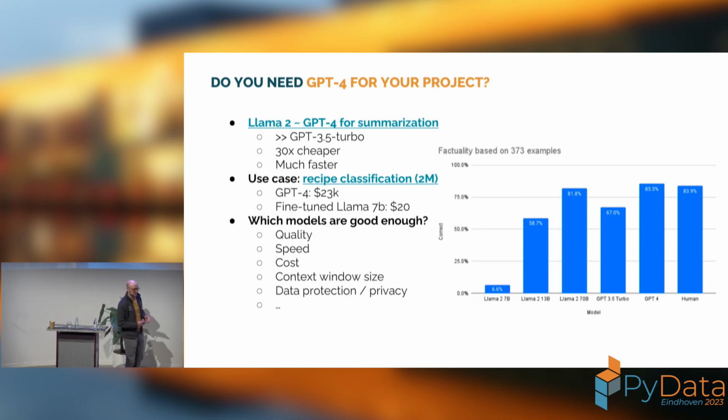It's also better than 3.5 Turbo for some reason. They are the most comparable. So Llama 7B and GPT 3.5 Turbo are quite similar in many respects. But Llama 2, keep it in mind, is about 30 times cheaper than GPT-4 and much faster, right? So if you have a very restricted and limited use case, going for an open source model might actually make sense, right?